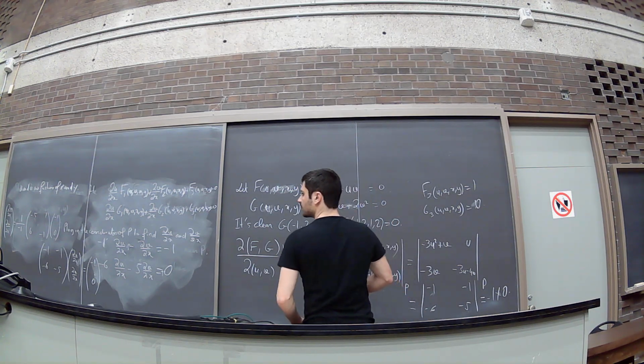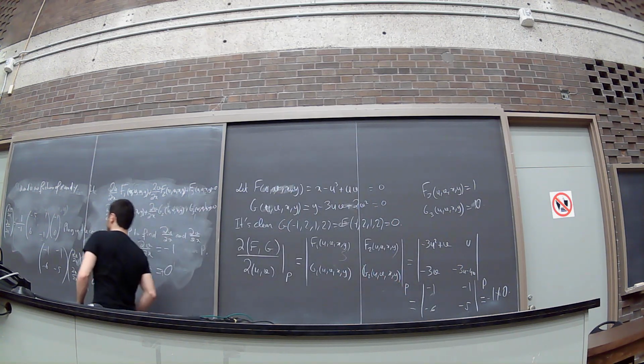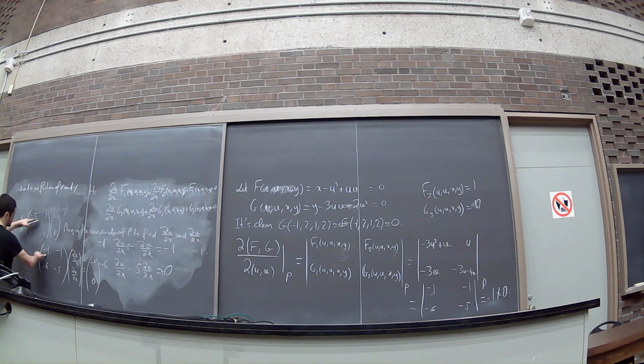Let's see if I messed up. I messed up somewhere, I'm sure. So it's 5 minus 6. Where did I mess up? Minus 1, minus 6, I have that.